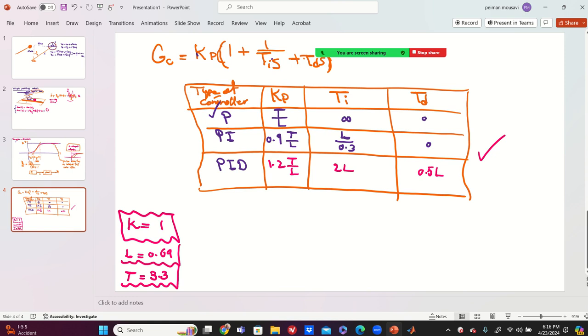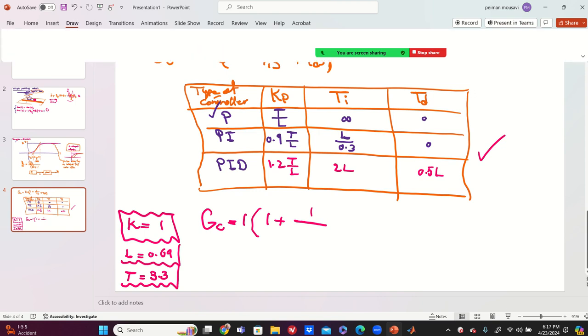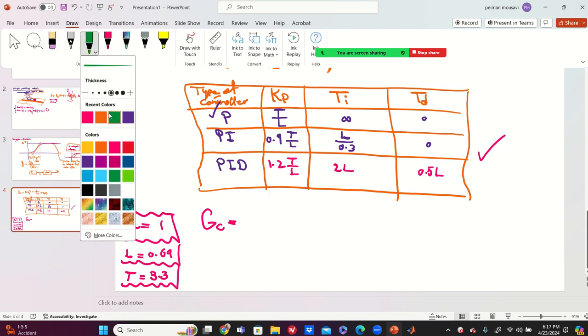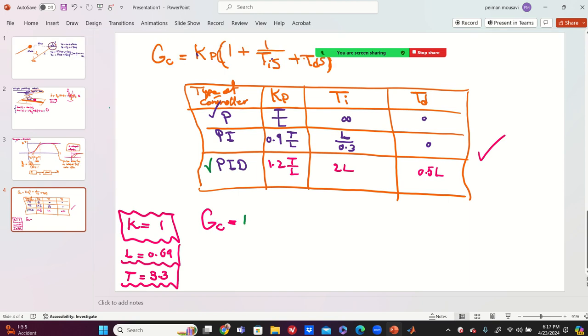Now suppose I want to design a PID controller. So my GC, my controller, is going to be 1.2 times T, 3.3, over L, 0.69, times (1 plus 1 over TI S, where TI is 2L, 2 multiplied by 0.69, plus TD S, where TD is 0.5 times L, 0.5 times 0.69).